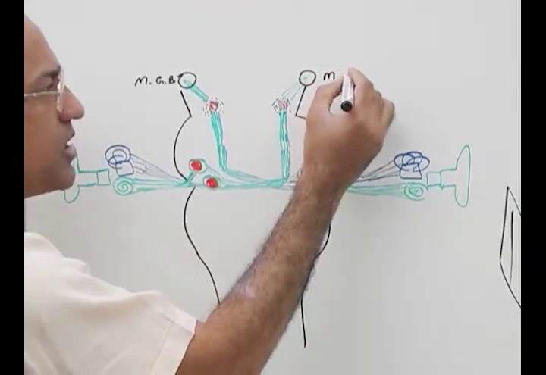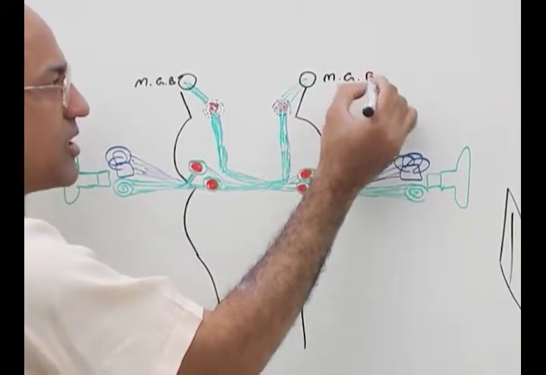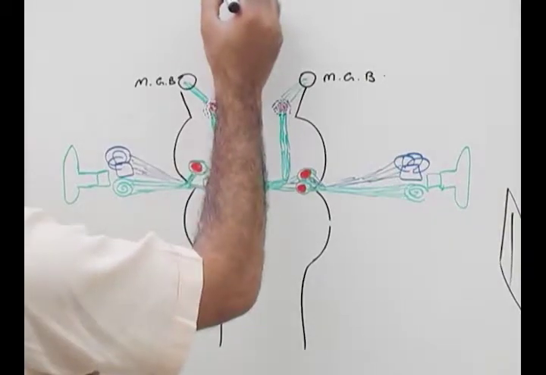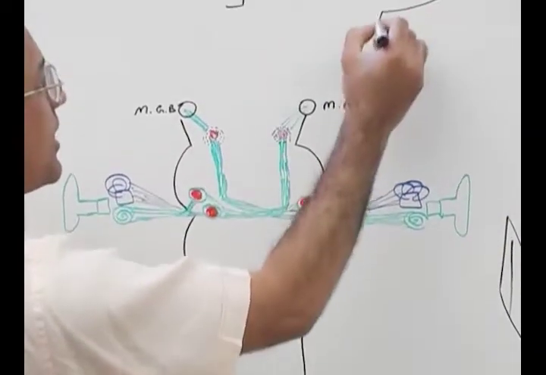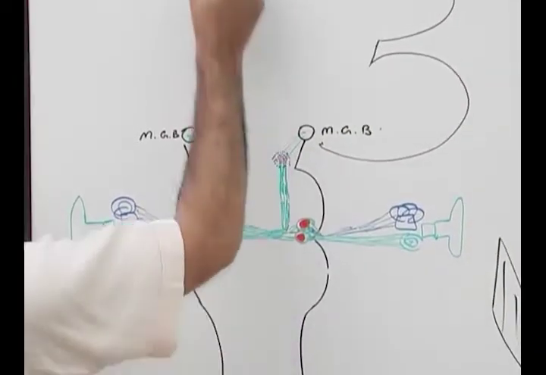What is this? Medial geniculate body. And of course you should not forget, as you are very intelligent, what is this here?